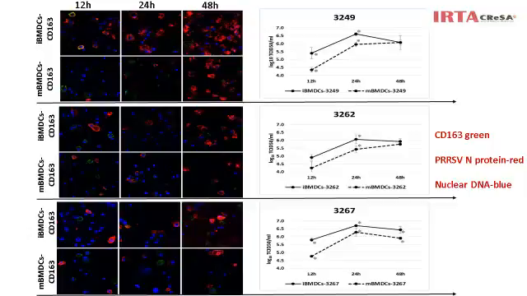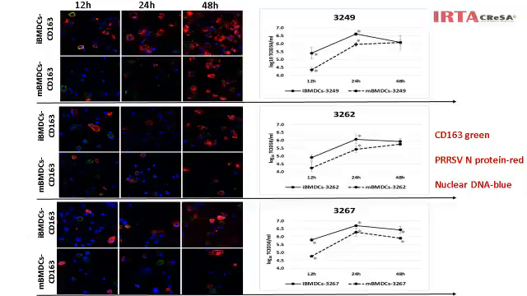But it is worth noting the special isolate 3262, which had no viral attachment on immature bone marrow-derived dendritic cells, had very good replication in immature cells, even better than in mature bone marrow-derived dendritic cells.